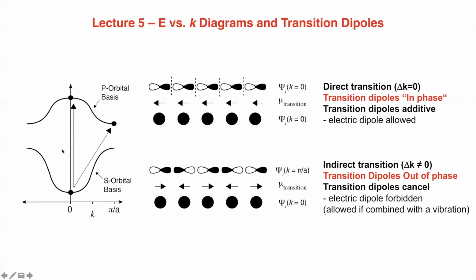Now, this E versus k diagram shows how the s orbital basis and the p orbital basis of, say, the valence band and the conduction band in this material, how those energies vary with k. Remember that when k equals 0 for s orbitals, this guy right here, you start at low energy. And as you head toward pi over a, you build in nodes between the atoms and the energy goes up.